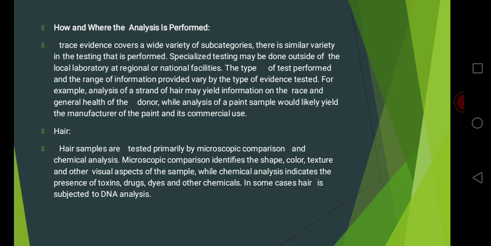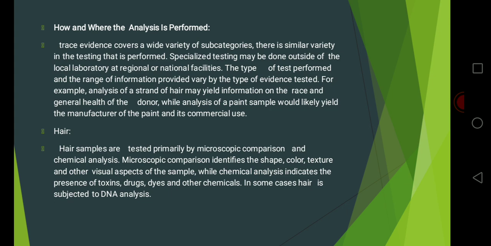For example, analysis of a strand of hair may yield information on the race and the general health of the donor, while the analysis of a paint sample would likely yield the manufacturer of the paint and its commercial use. And how is hair used as a source of evidence?